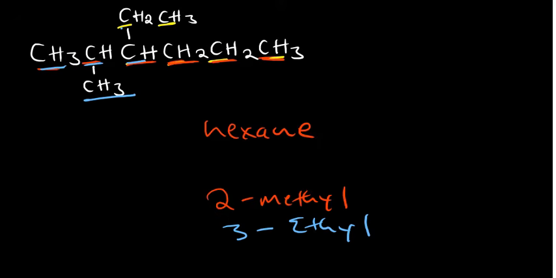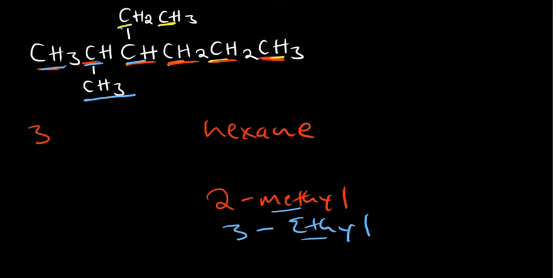So this is the first example where we've got more than one subchain or more than one substituent. How would you name this one? This is where I'll introduce you to the aspect of alphabetizing the substituents. Don't look at the positioning, but instead alphabetize them. If you look at M and E, which one comes first?